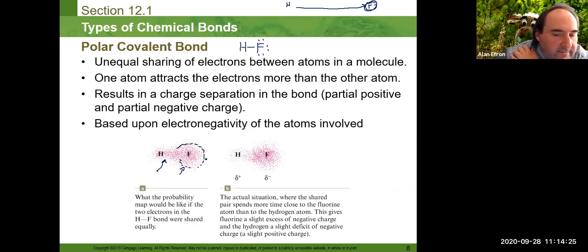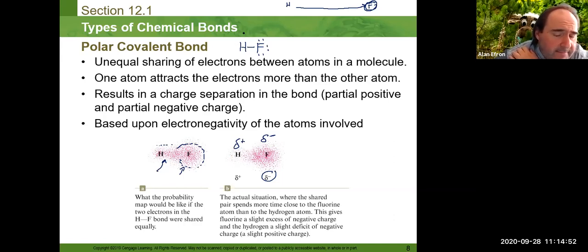Because the electrons are hanging out on the fluorine side, it's going to create a partially negative charge on the fluorine, which is what this symbol represents. That's a delta negative, or partially negative charge. And where the electrons are moving away from is going to become more positive, which is a partially positive charge.